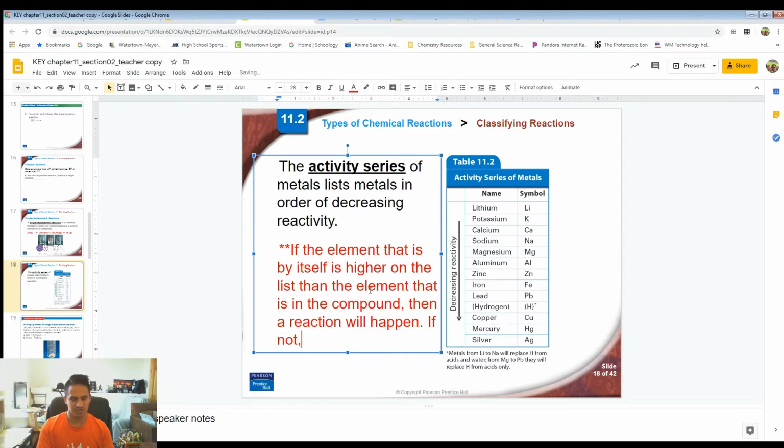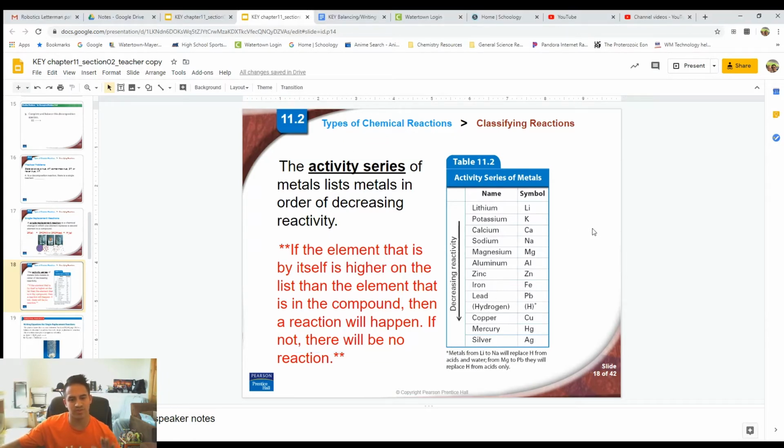If not, there will be no reaction. Basically, if the element that is by itself in the reaction is higher than the element in the compound it's trying to replace, the reaction will happen. If not, nothing's going to happen. You would put these things together and it would just sit there and nothing would happen.